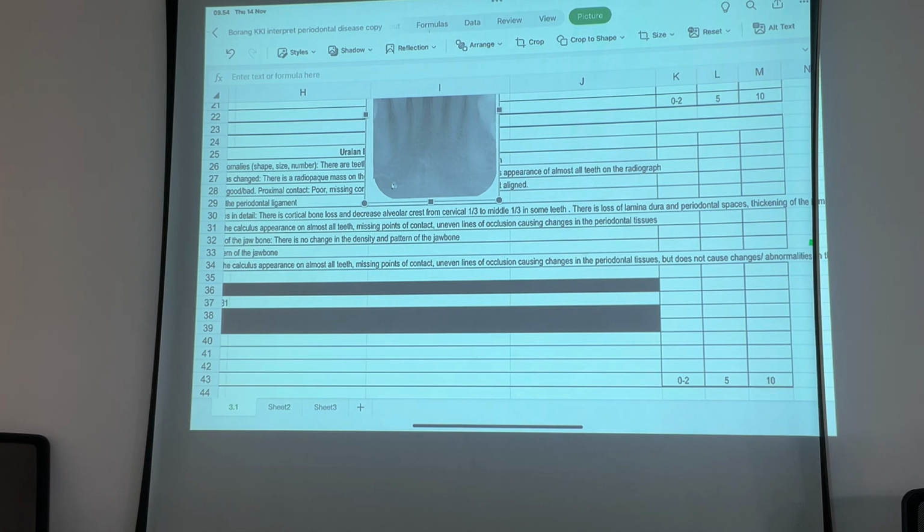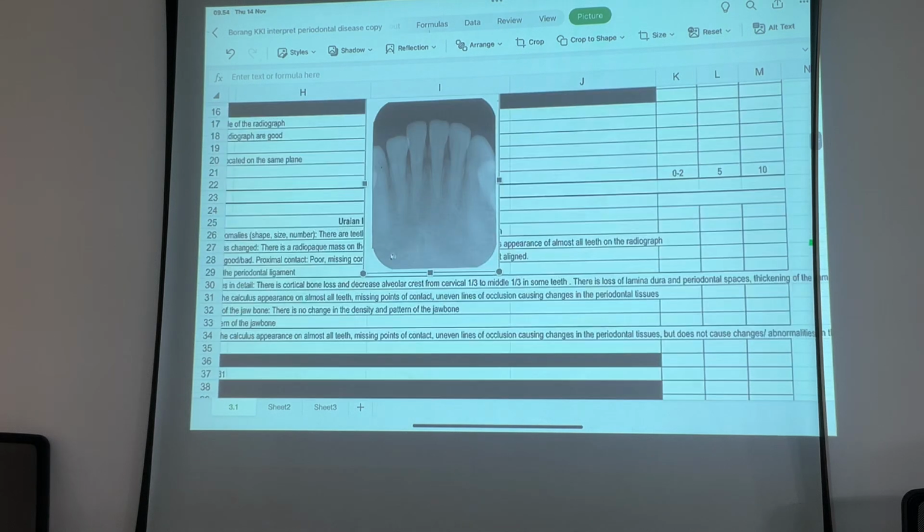Can you imagine? Because this patient has a missing proximal contact and the occlusal line is not good, that's why there's food retention on the patient, and then maybe with accumulation of time, it will change into the plaque and calculus.